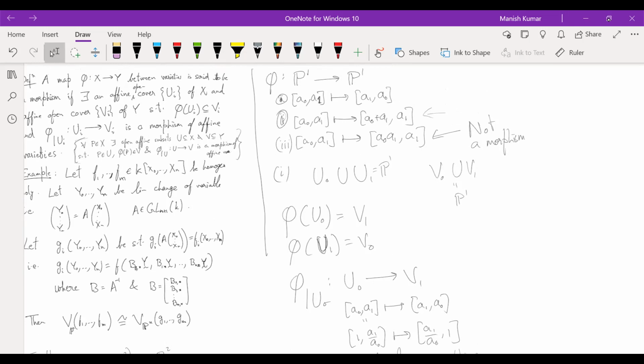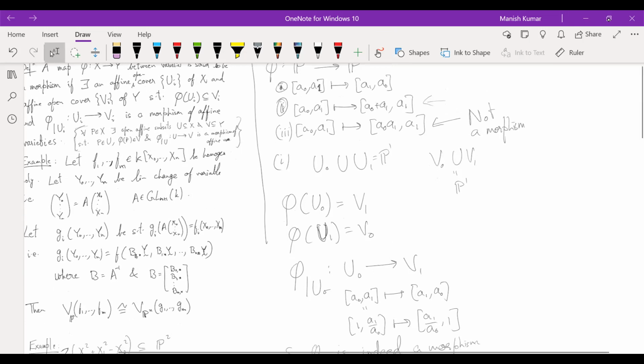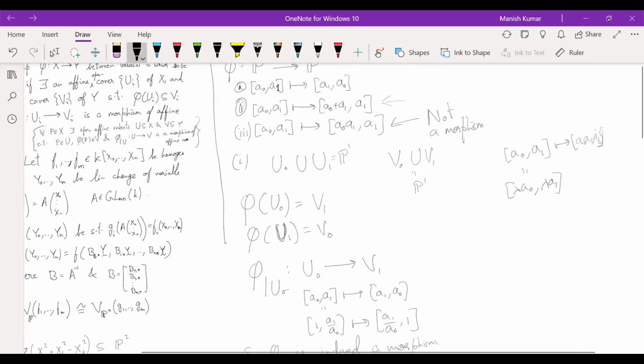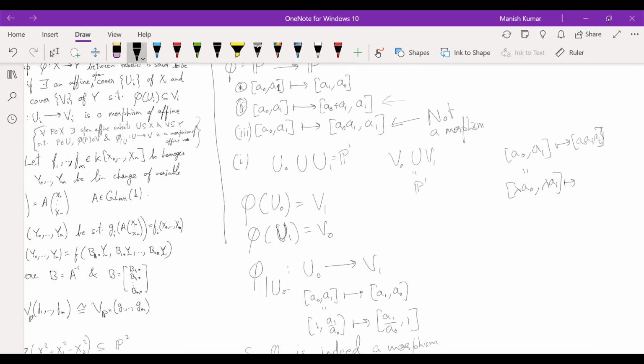So the point is, this is not homogeneous. So (A0, A1) is the same as (lambda A0, lambda A1). But this guy is going to go to (A0 A1, A1), and this guy is going to go to (lambda squared A0 A1, lambda A1).